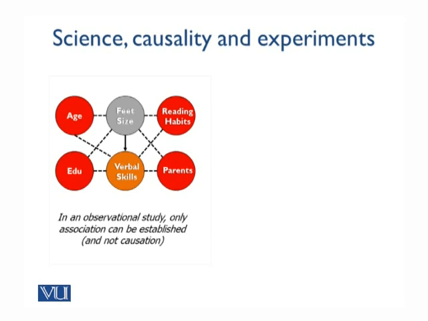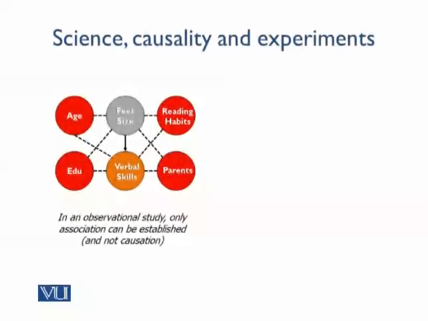So the question is that because of all these hidden variables, we cannot really establish any causal relationship. We cannot say that larger feet gives you better verbal skills, or even the other way around. If we want to establish any causal relationship, we have to do a properly designed experiment using the principles that we are going to expound in this session.